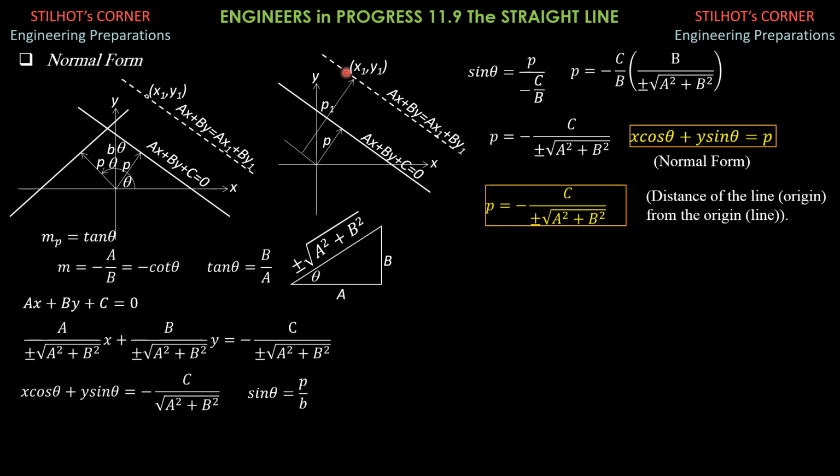So that the distance of the point x1, y1 from this line here is denoted by d, and from the figure d is P1 minus P.